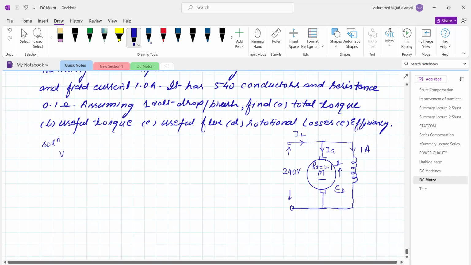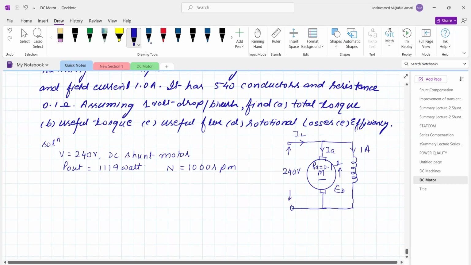What data are given? Voltage is equal to 240 volt. It is a DC shunt motor, wave connected, and the output of the motor is 1119 watt, running at a speed of 1000 RPM.